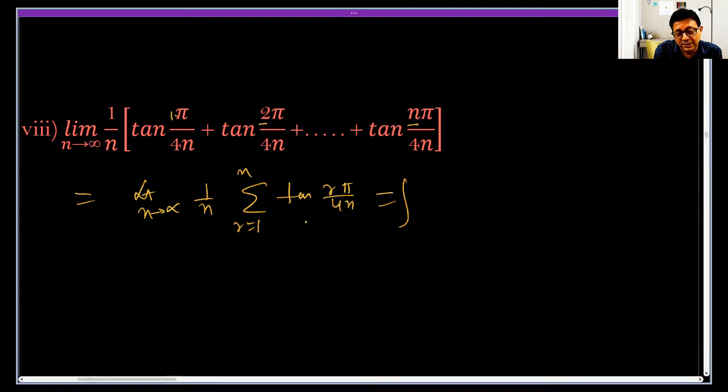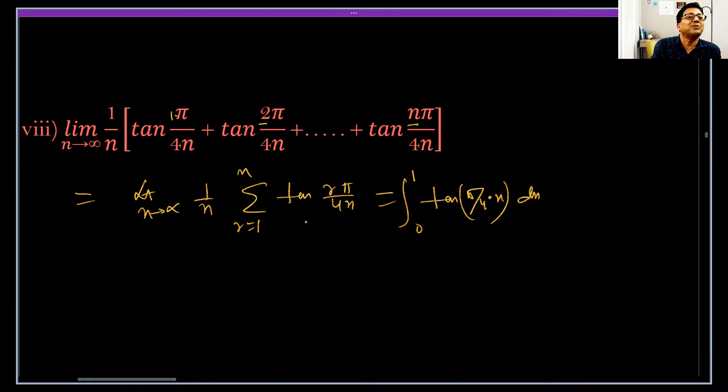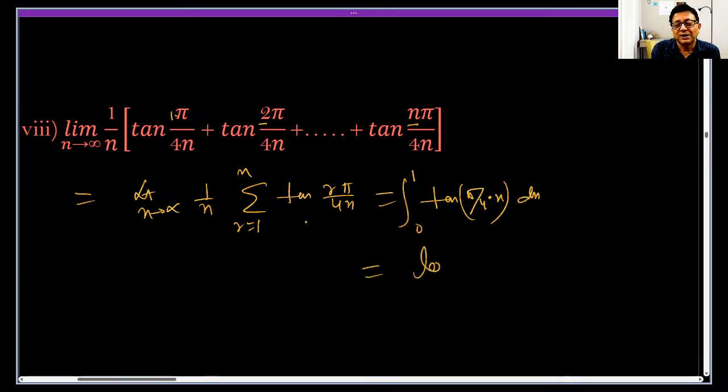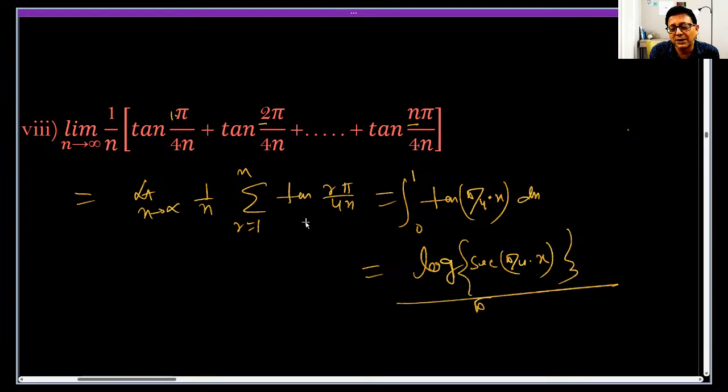What to write? 0 to 1 tan pi by 4 x dx. Everyone can do this. Remember it, tan mx dx, what's the formula? Log of sec mx divided by m. M is what? 0 to 1.